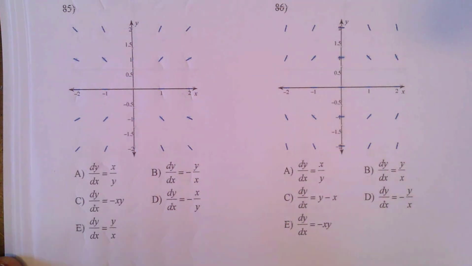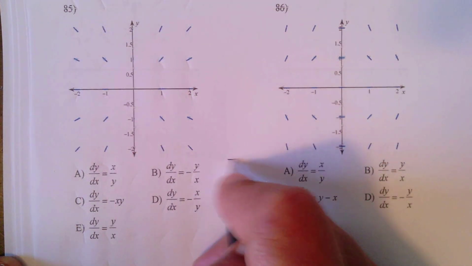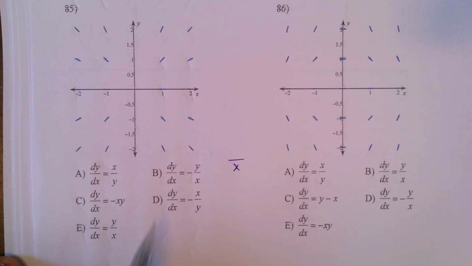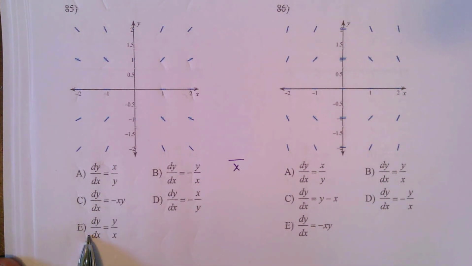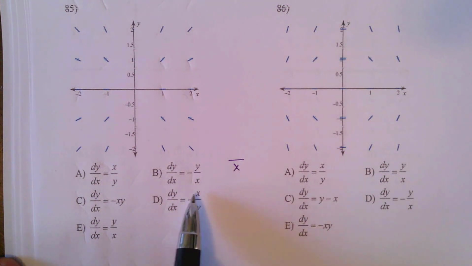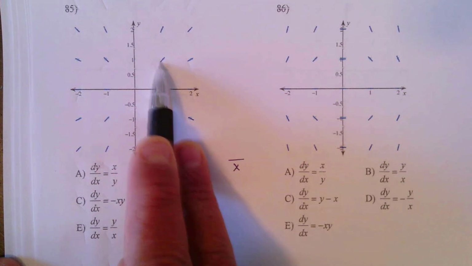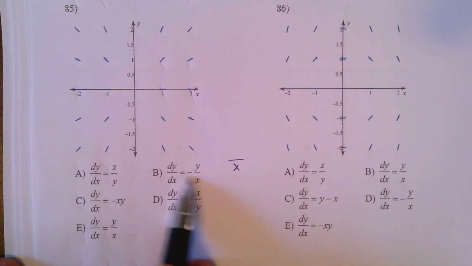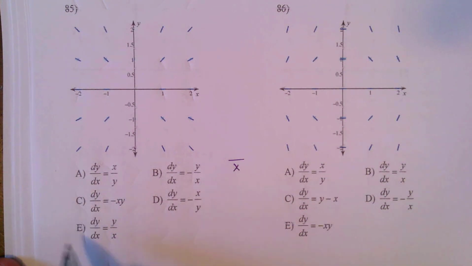So that's probably a hint that it has to be something that has over x. So you can see that we get it narrowed down to either B or E. And if we take a point here, 1, 1, it has a positive slope. So if I put 1, 1 into this, it would be a negative slope. So the best answer here has to be E.